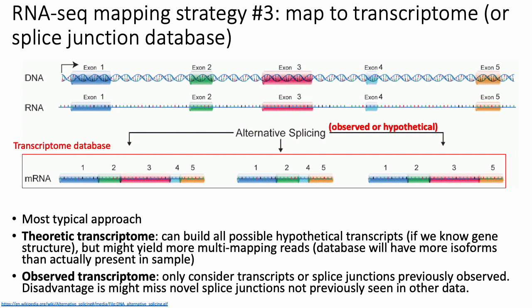And so multi-mapping basically prevents you from assigning expression to whole isoforms. So in that case, oftentimes people actually don't map to databases of whole isoforms, they map to databases of splice junctions, where different either theoretic or observed pairs or triplets of exons that get spliced together are used to map reads to.